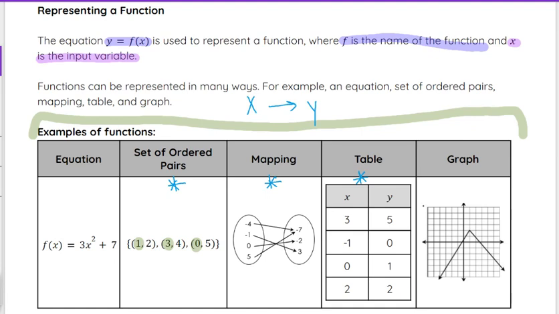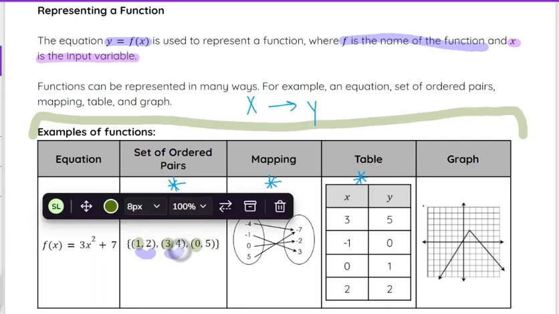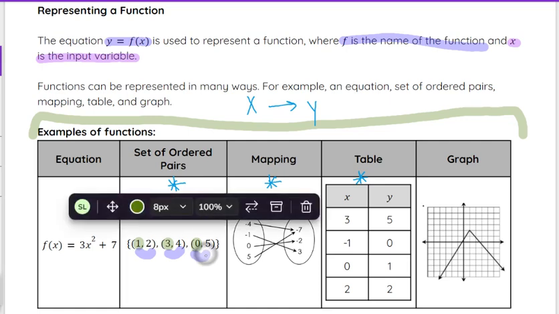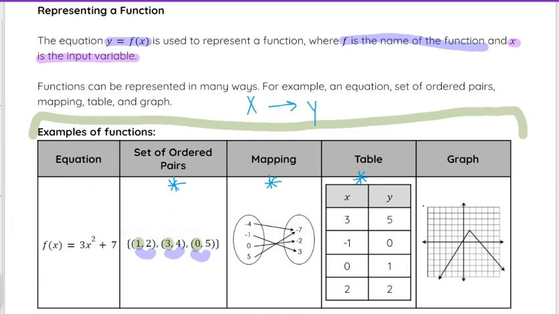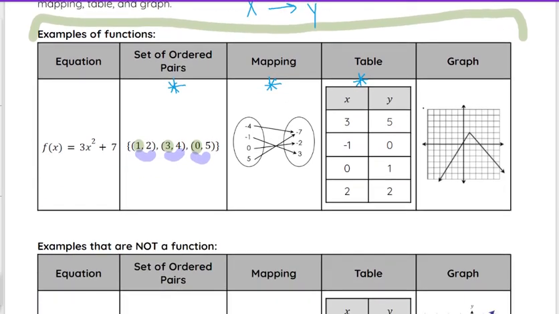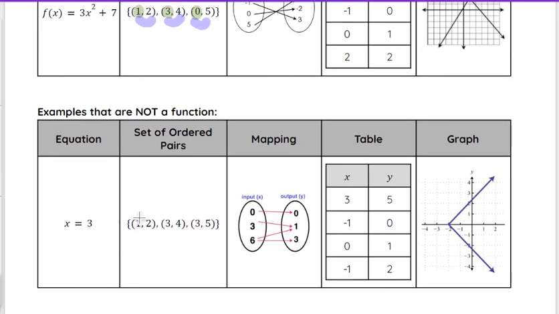If I look specifically at this example under the ordered pairs, we see 1, 3, and 0 as the x coordinate. 1 maps directly to a y value, 3 maps to a y value, and 0 maps to a y value. What would make this not a function, and I have some examples for you down below, is if we saw, for example, the x value 3 mapped to the y value 4 and to 5.